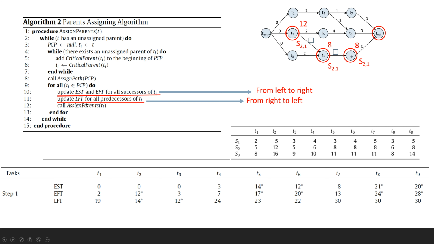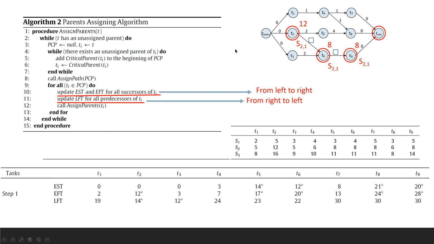And we will also update the LFT for all predecessors of TI in this critical path, the partial critical path. Keep in mind, we update EST and EFT from left to right, and we update LFT from right to left. For this example, because they are assigned to the same virtual machine, the transfer time becomes 0 instead of the previous value.